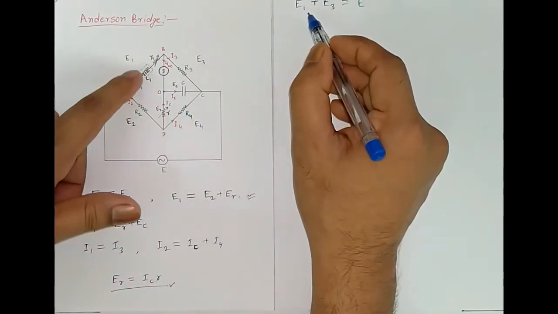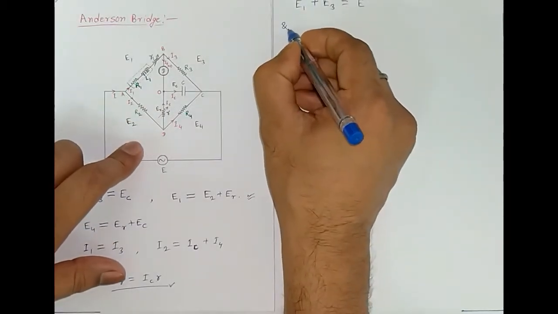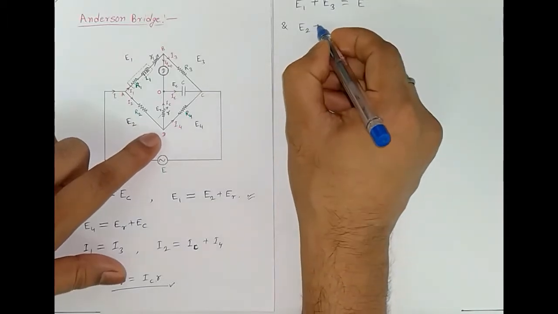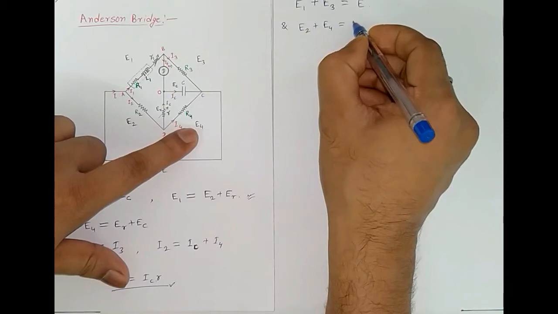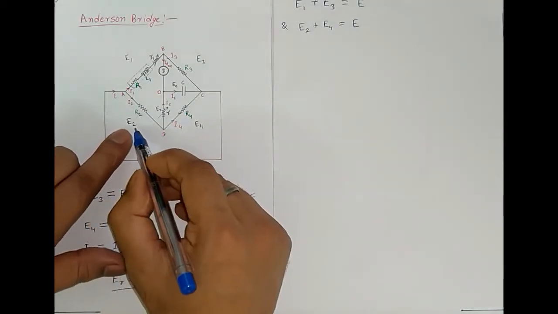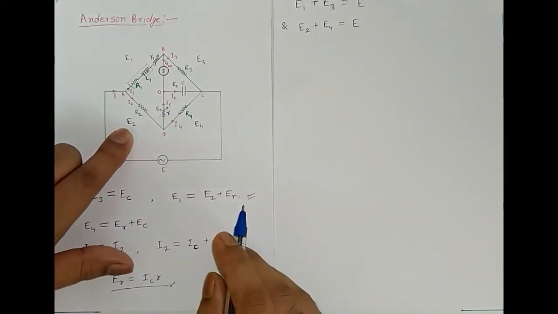As well as E2 plus E4 will be equal to E, or we can also say that E2 plus ER plus EC will be equal to E. No problem, both are the same.